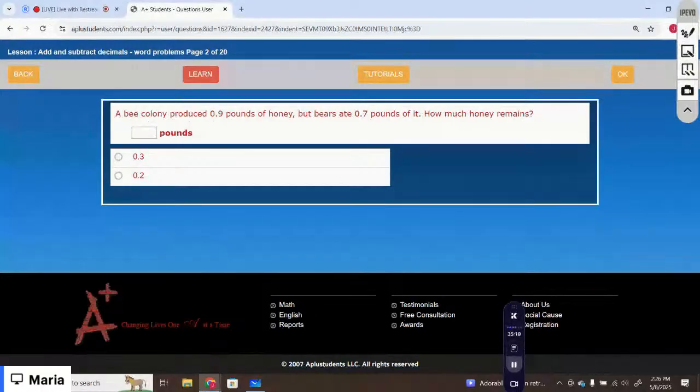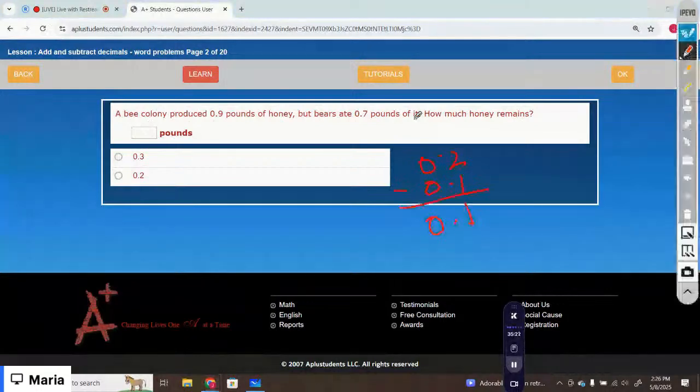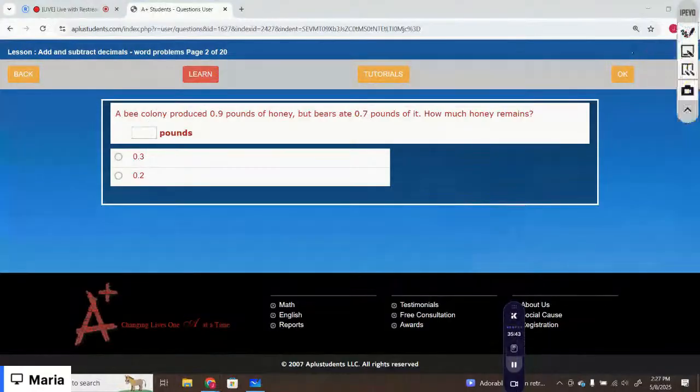The bears ate 0.7 pounds of it. How much honey remains? So you need to subtract. The total honey is 0.9 and the bear ate 0.7. So 9 minus 7 is 2, that is 0.2. Option number 2 is the correct option.